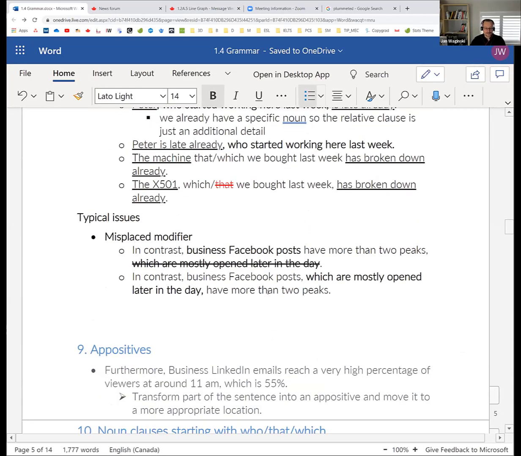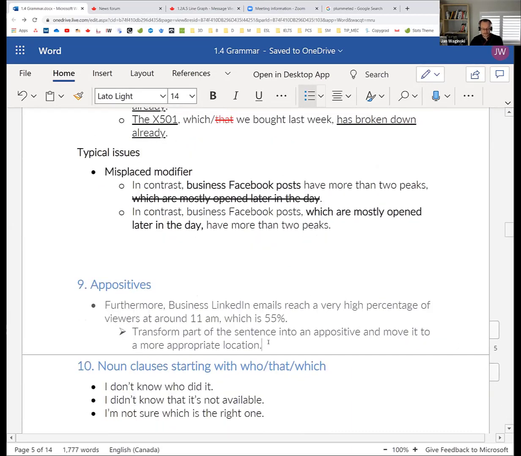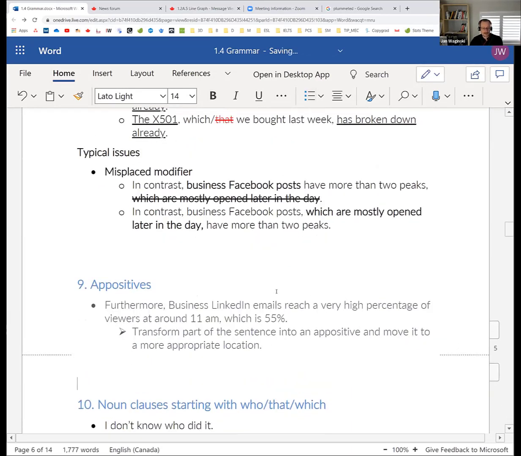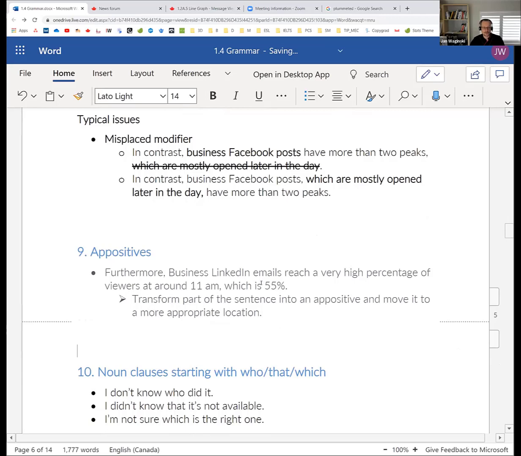Okay, appositives. A very, very simple grammatical construction, super common. So we've got the sentence: "Furthermore, business LinkedIn emails reach a very high percentage of viewers at around 11 a.m., which is 55%."